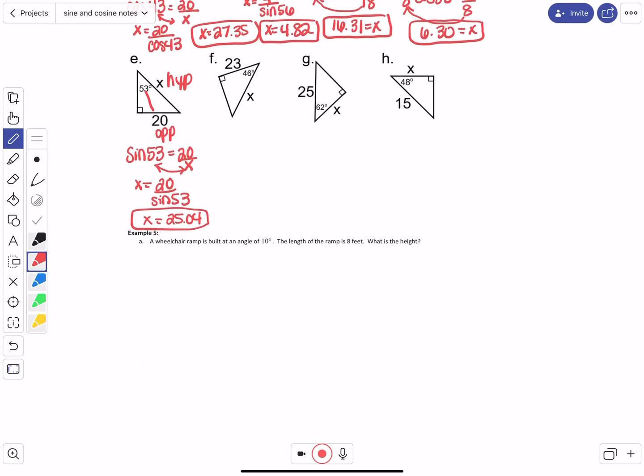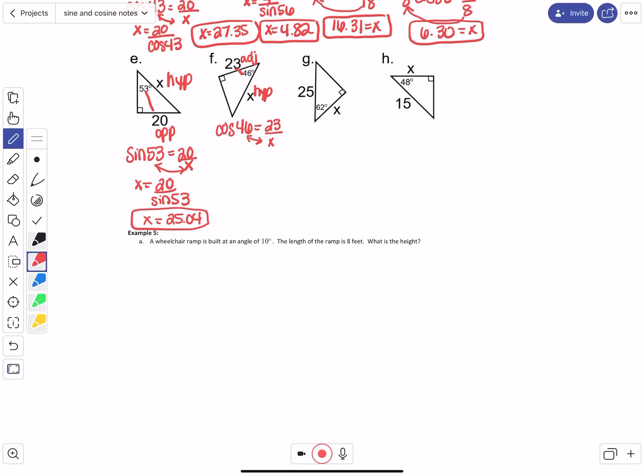Okay, so on this one, here's the hypotenuse. The 46 and 23 are very close together, which means it is adjacent. So we are using cosine. Cosine of 46 equals 23 over x. Hypotenuse is always on the bottom. These have to switch places.